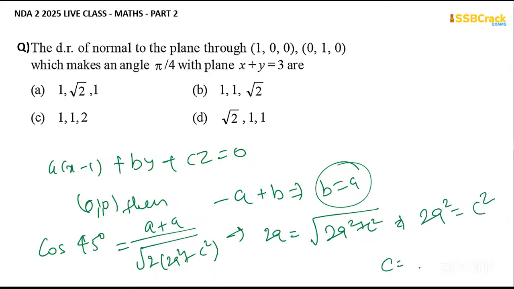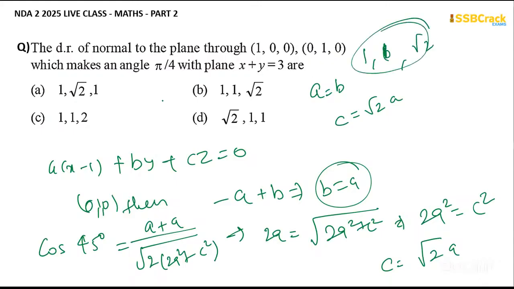It means that c is equal to root 2 a. So a is equal to b, and c is equal to root 2 a. If a is 1, b is 1, then c is root 2. So these are the direction ratios: 1, 1, root 2.